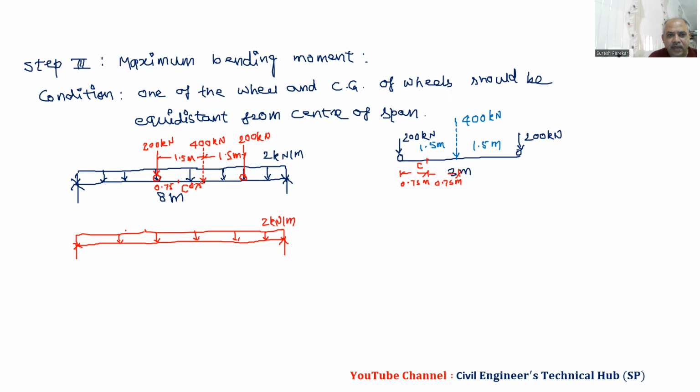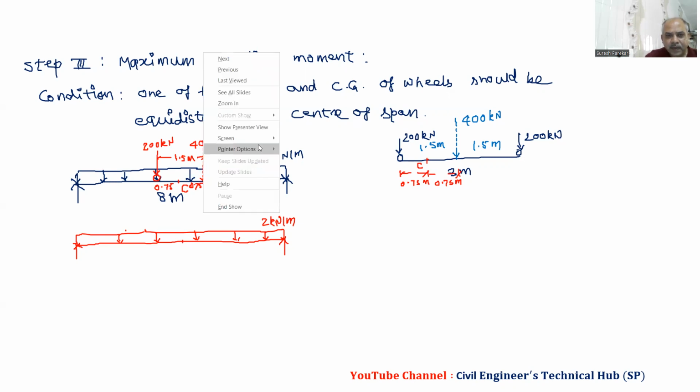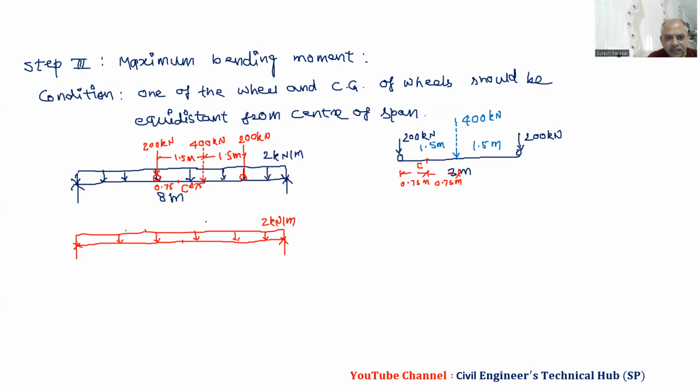And then your load is at 0.75 from center, and this load we have 400 kilonewton, and this distance is 4 meters.